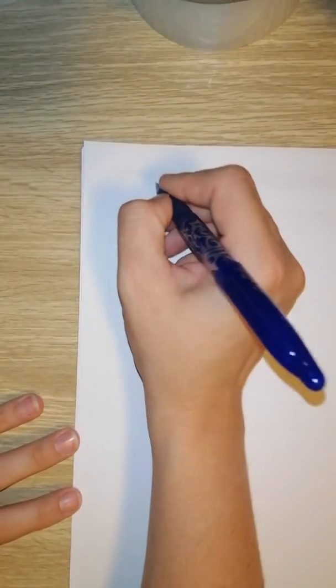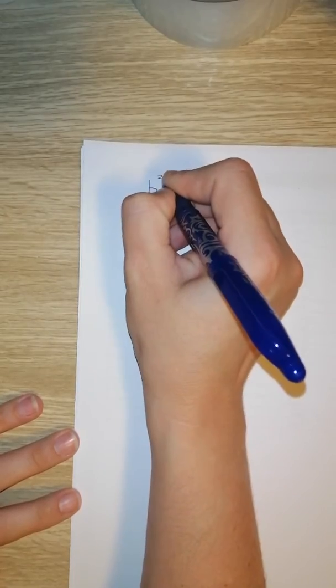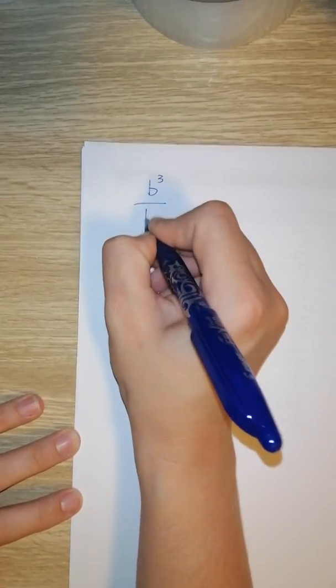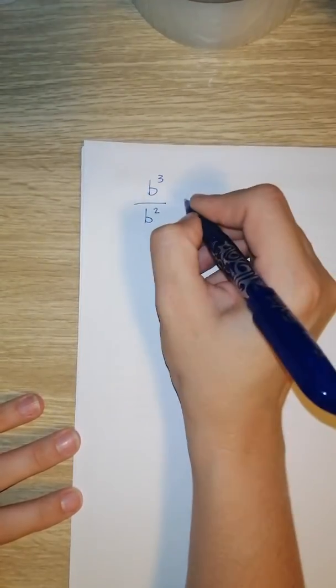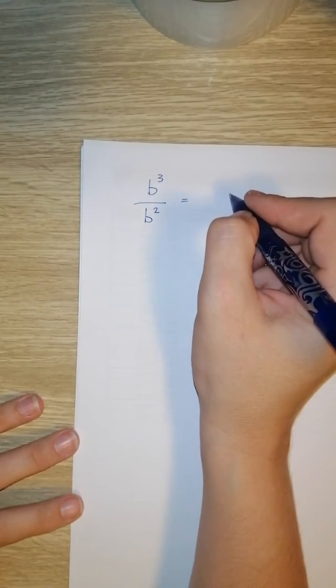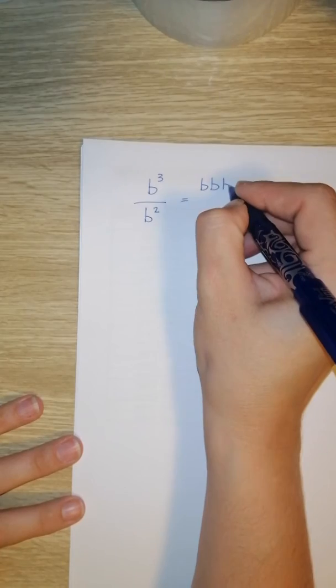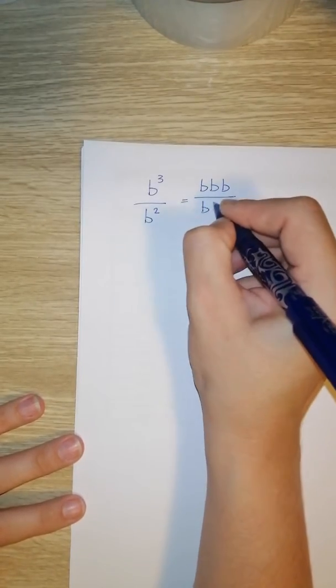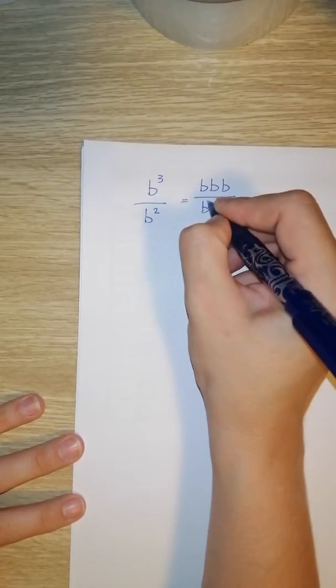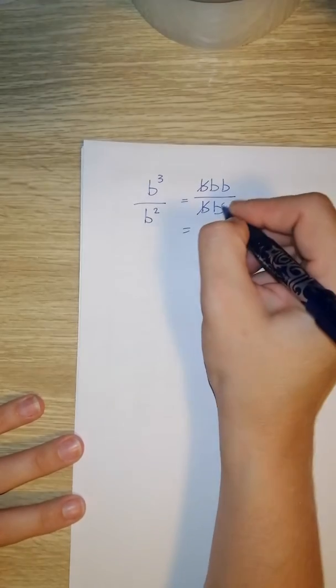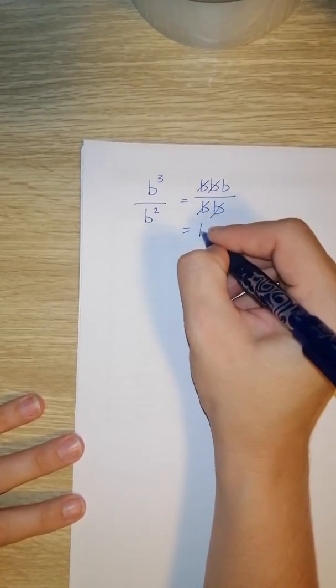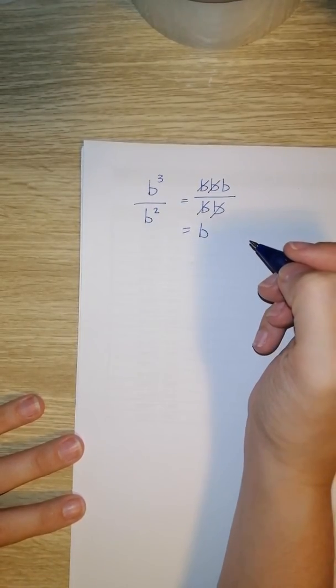Starting with a few questions, let me write it out here. I'm going to write this in expanded form first. So b to the power of 3 would be b times b times b over b times b. Again, the number divided by itself, the result would be b.